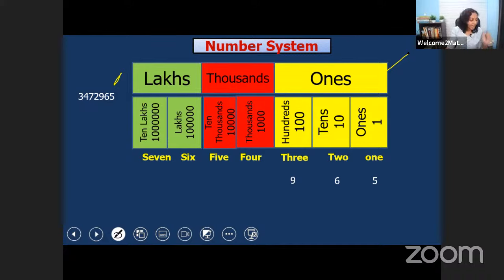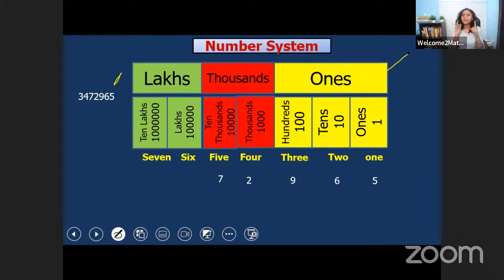Now let's take the next digit, and that is 2. And 2 is at the thousands place. Whenever you have a 4-digit number, it starts from the thousands place. So here you see it's 2965. Next digit is 7, and 7 is at the ten thousands place.